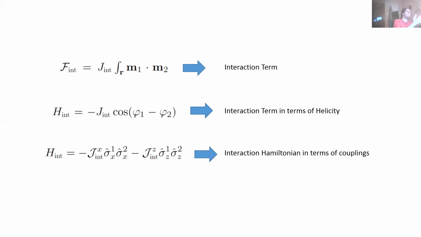So this is the basic interaction term of two Skyrmion structures. And when you include the helicity, it turns into a Hamiltonian like this. We also want to see its spin couplings for X and Z directions, because we are disregarding the translational motion in this Y direction, and we are interested in X and Z couplings.